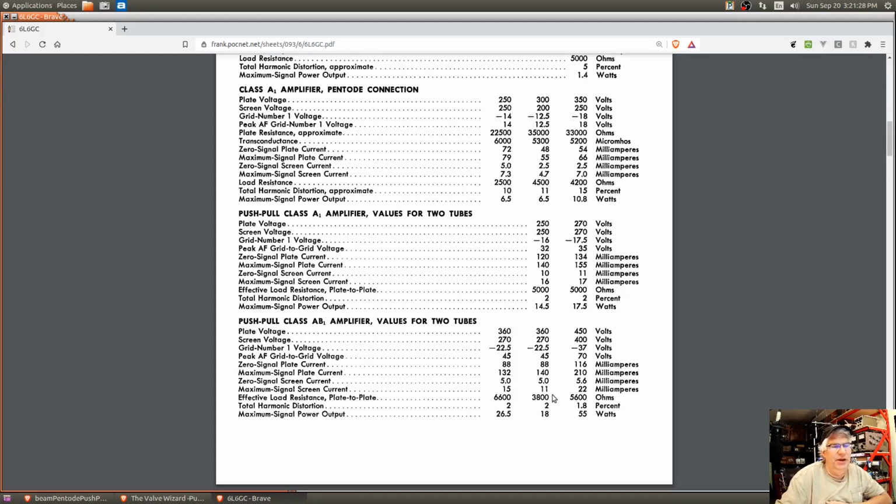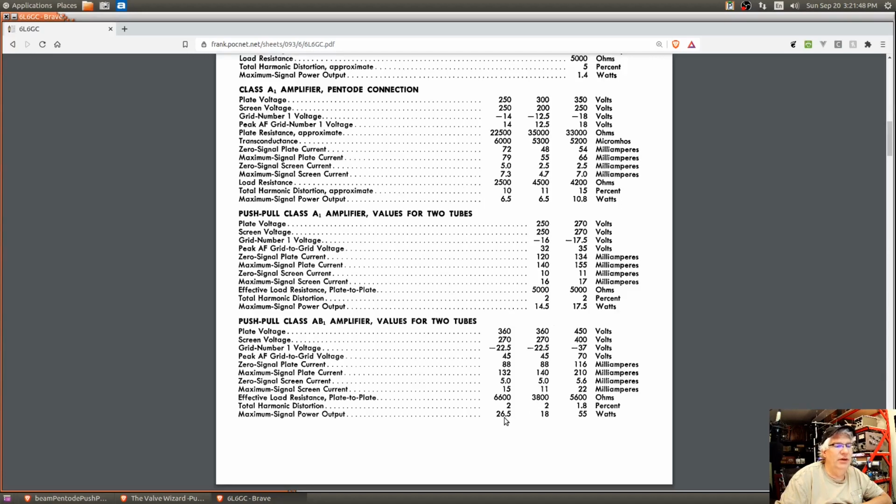But here's the real question. This column here is going to lead us to an example: 3,800. If you look at these values, the first two columns are almost identical in all their values, except for this one right here, 66 and 38.